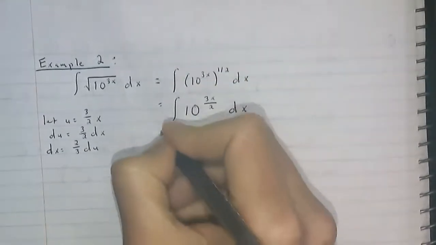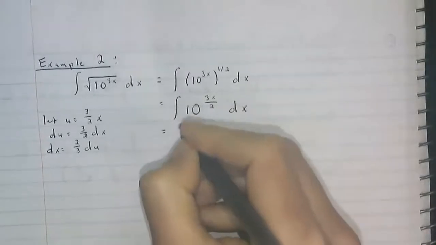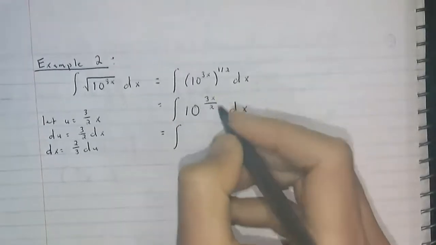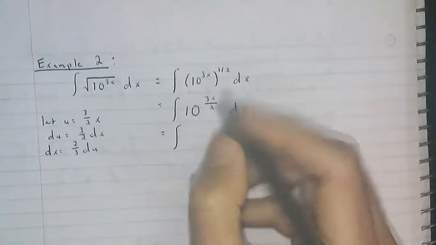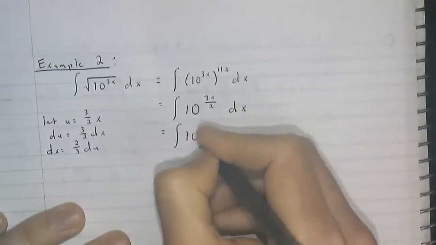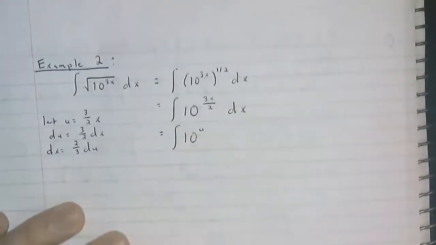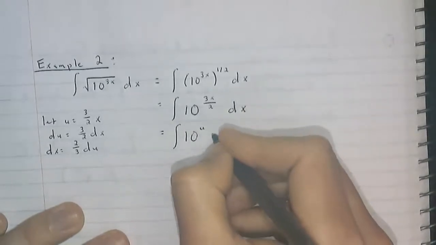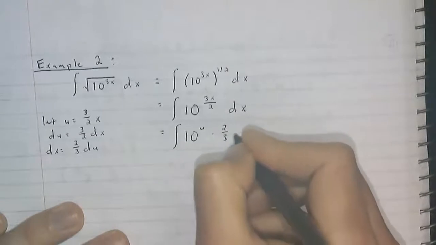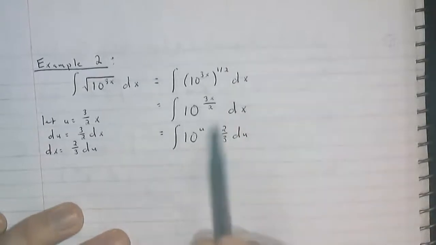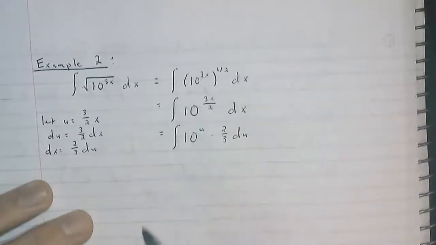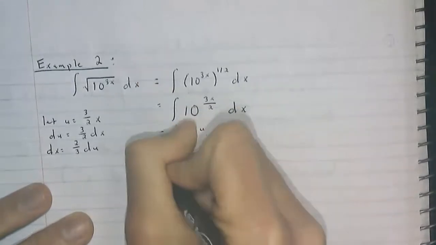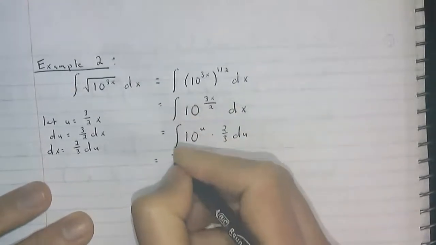And now we can do some substitution. Instead of 10 to the 3x over 2, we'll have 10 to the u. Instead of dx, we'll have 2/3 du. And now we can integrate this guy. The 2/3 can just come out front.